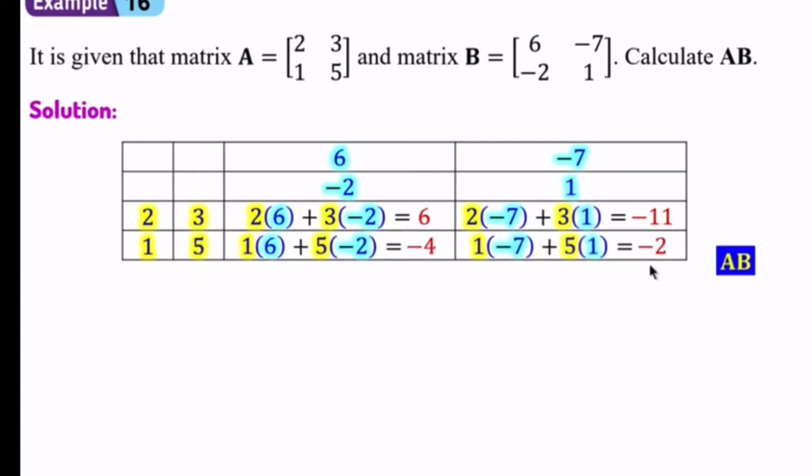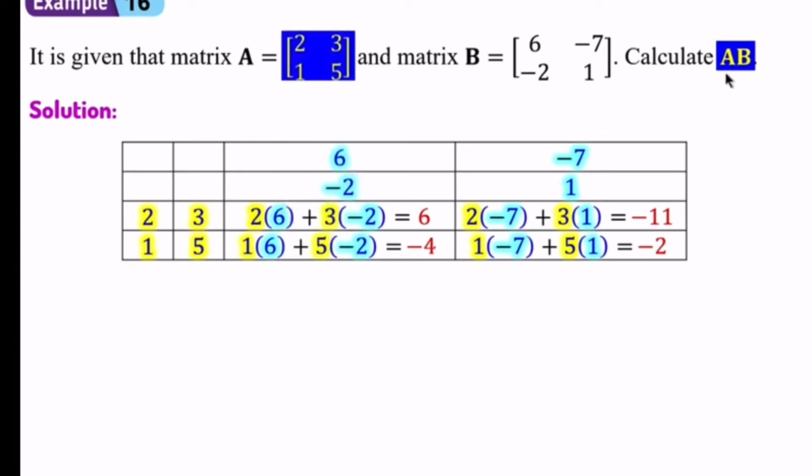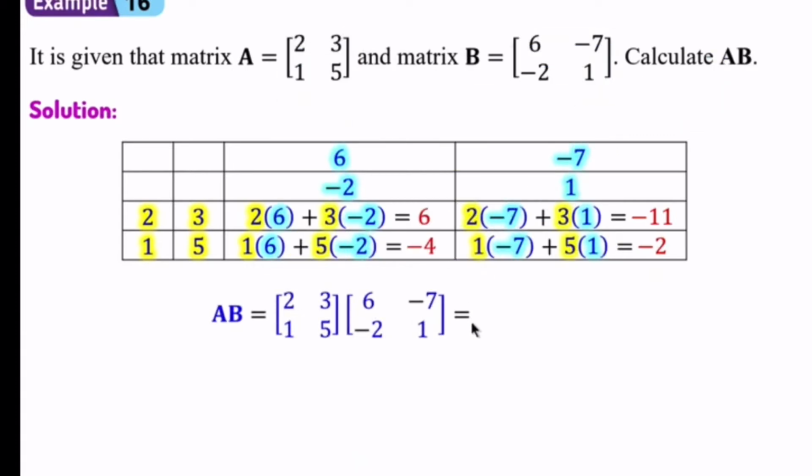That is the basic concept of multiplication of two matrices. Alright, I hope you understand. So matrix A times B, we write again. Let's rewrite the matrix in order: 6, negative 11, negative 4, and negative 2.